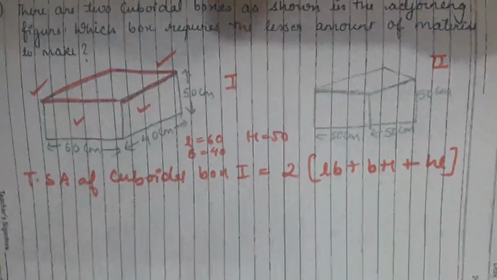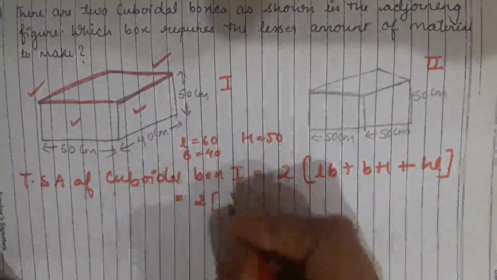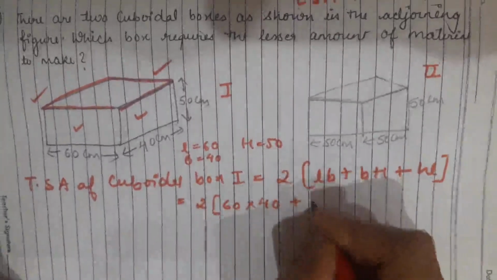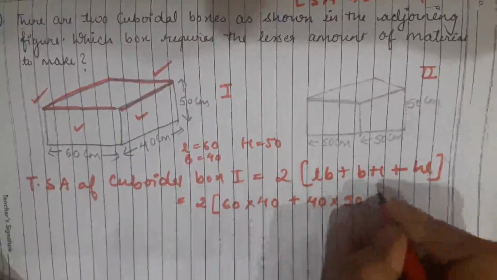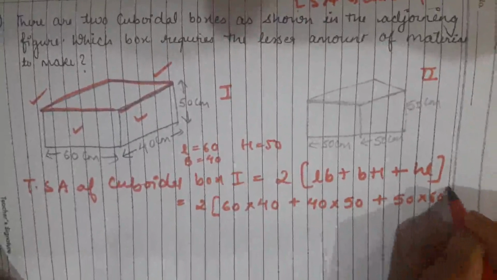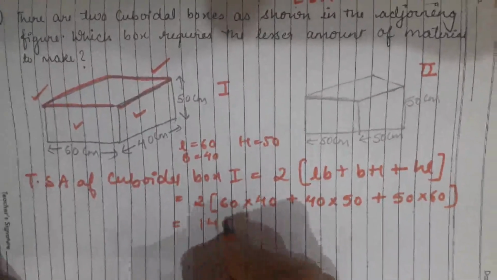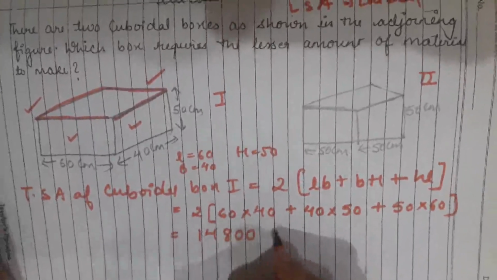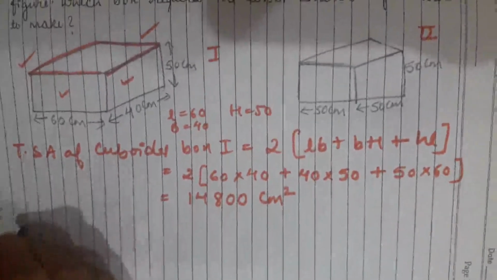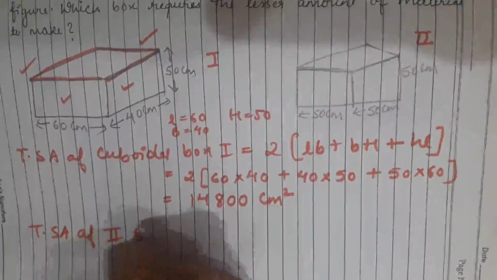Put these values inside this, you will get 60 into 40 plus 40 into 50 plus 50 into 60. After solving the whole equation, you will get 14,800 centimeter square.